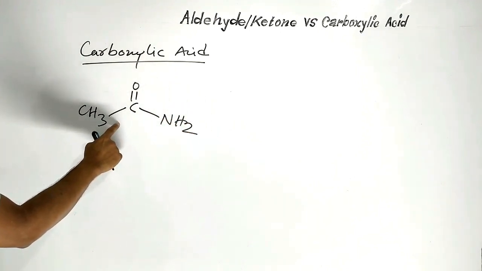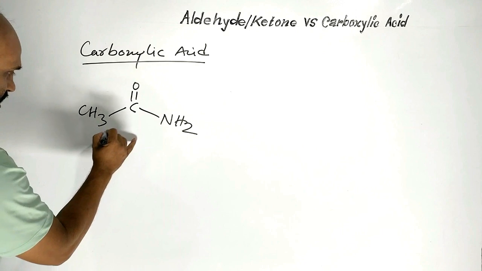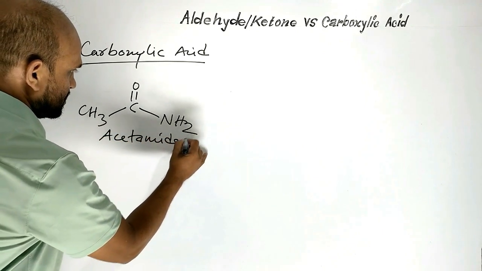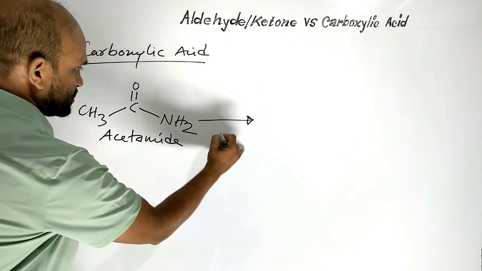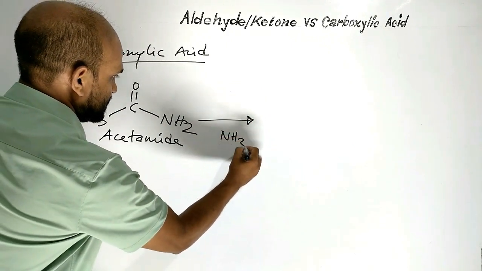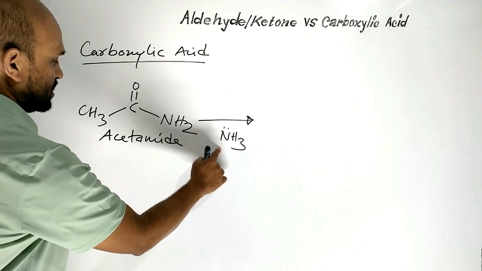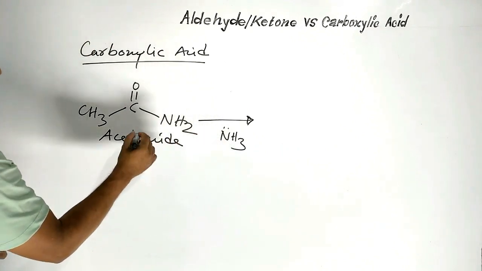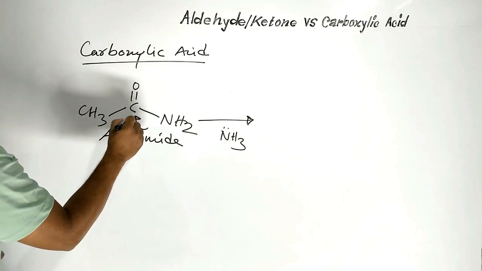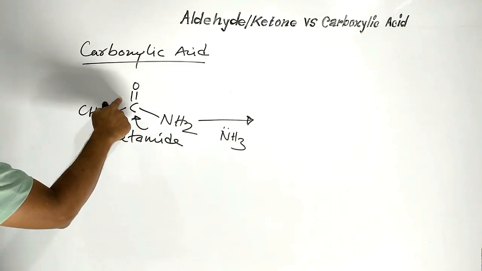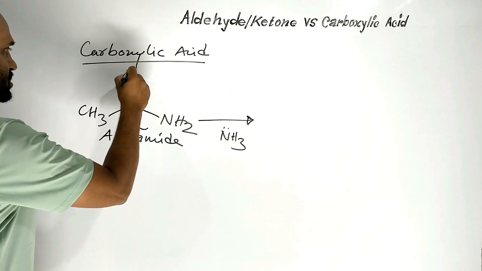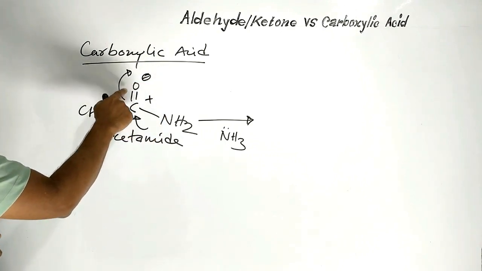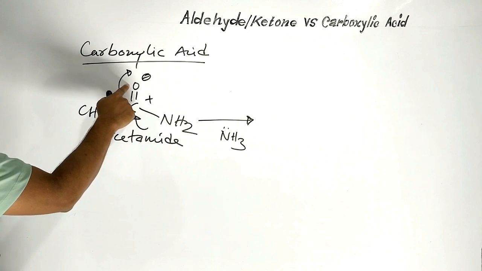This is ethanamide or acetamide. When this is treated with nucleophile ammonia, in this case ammonia is supposed to attack this carbonyl carbon because this carbon becomes positive in charge because of the higher electronegative element oxygen.